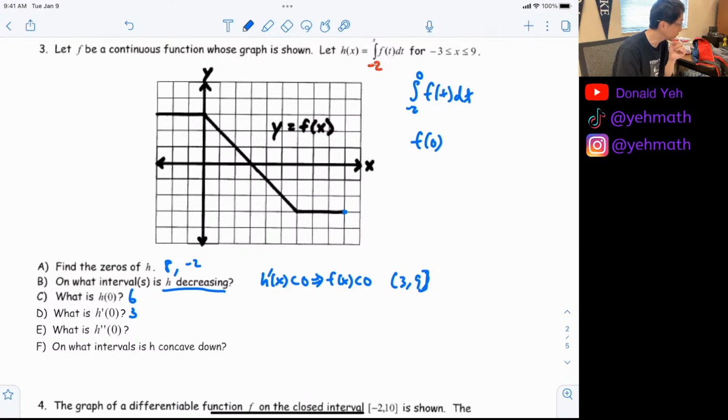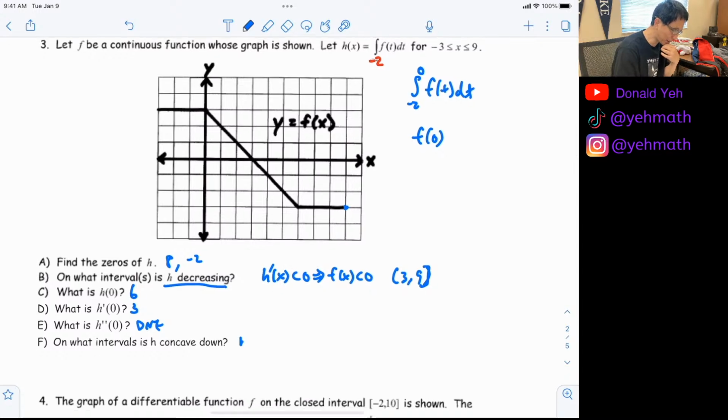Is that okay? h double prime does not exist because of the sharp turn. The slope is changing. It's a sharp turn. Because you have a changing slope at 0, all of a sudden you change into negative 1.